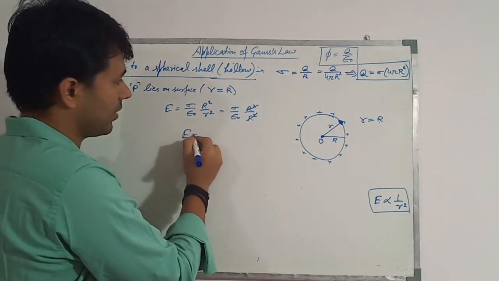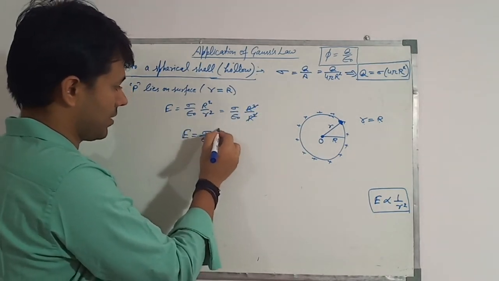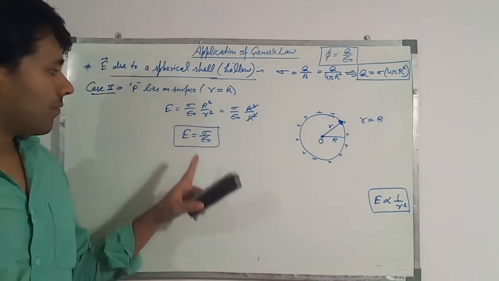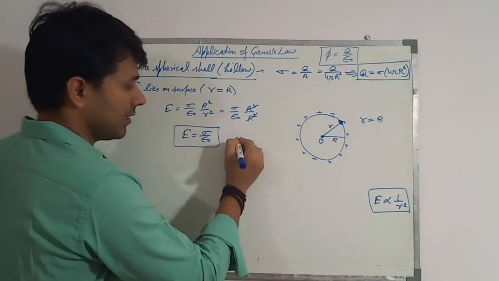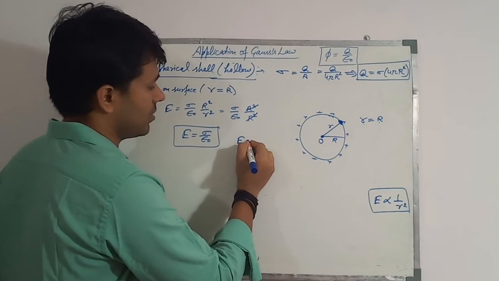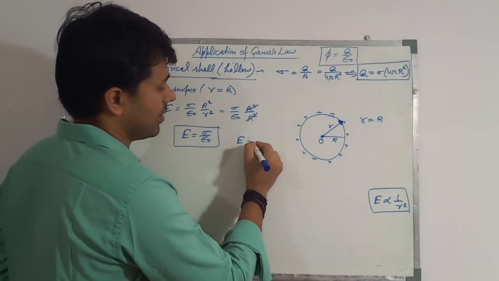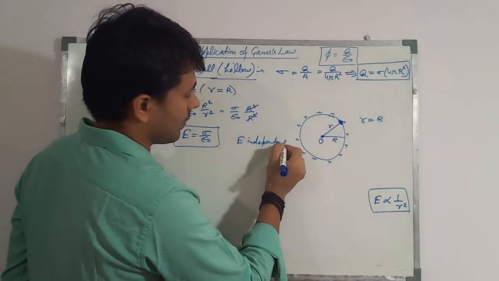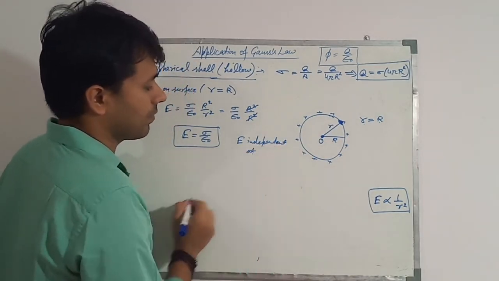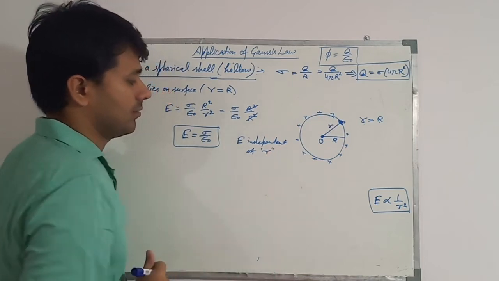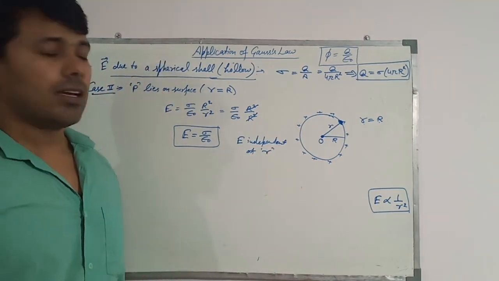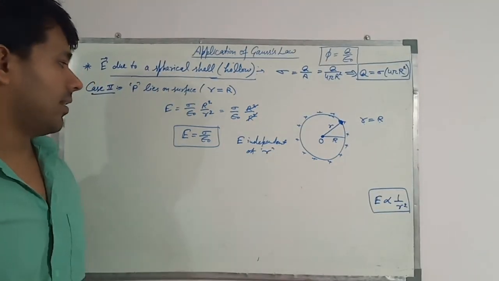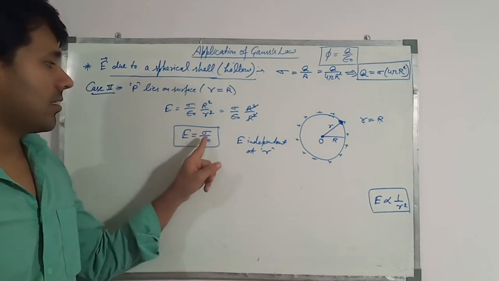So the electric field intensity is sigma upon epsilon naught. From here we can see that E is independent of R. It does not depend on the radius. So E is sigma upon epsilon naught.